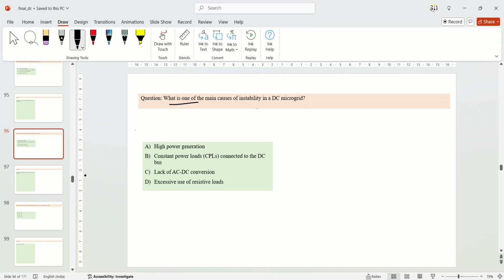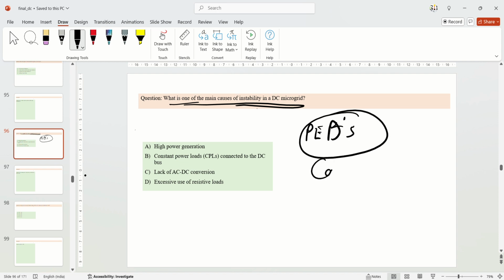There is one question: what is the main cause of instability in the DC microgrid? If you see the power electronic devices which are being used, they are constant power loads, CPLs.